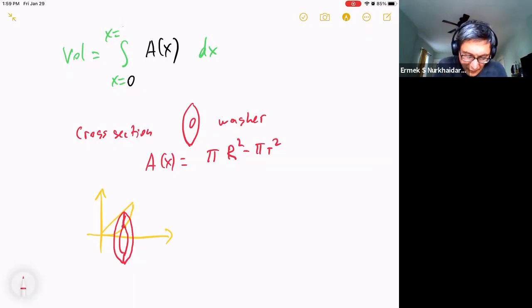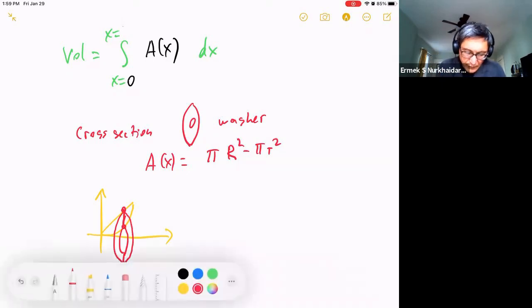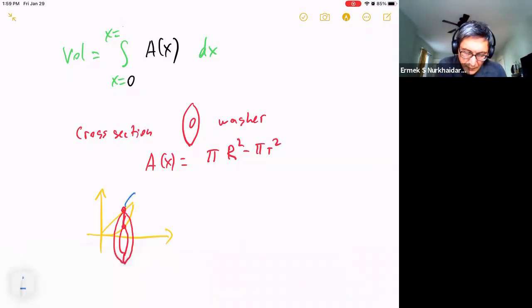And you see that washer has 2 points of intersection with our region, right? Because we are on a vertical segment, we're going to have the same x but 2 different y's. I'm going to call them y top and y bottom.